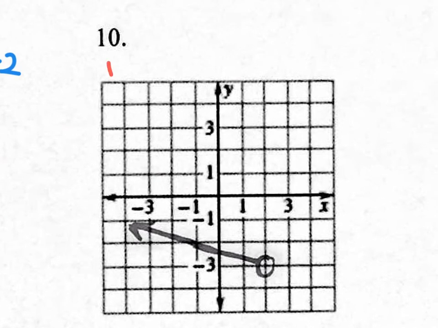Domain. Domain are your x values, so I put an x. What are your domain values here? Well, if you look at your x-axis, which is this guy right here, and you look at the level at the x-axis where this line is at, well, it's right here, right? What level is that?